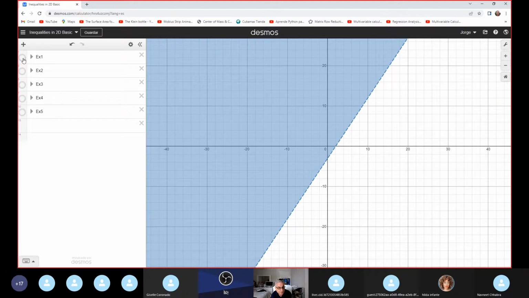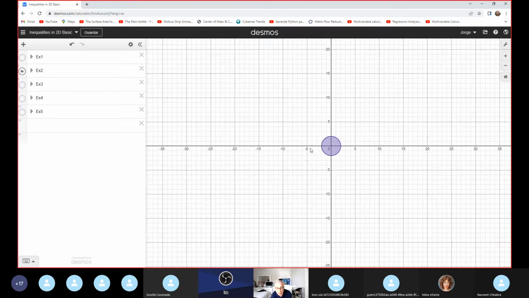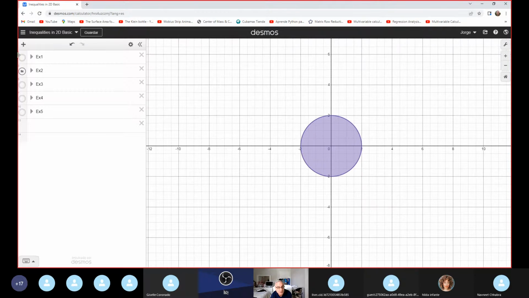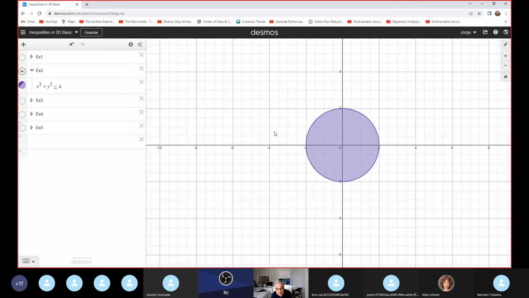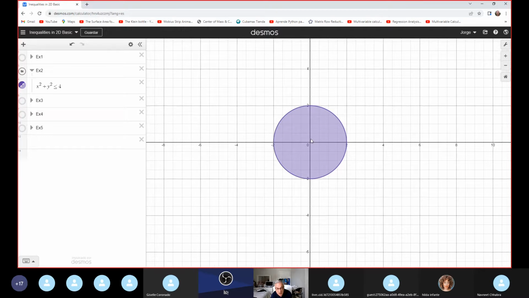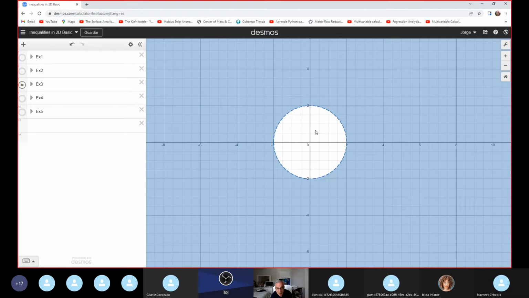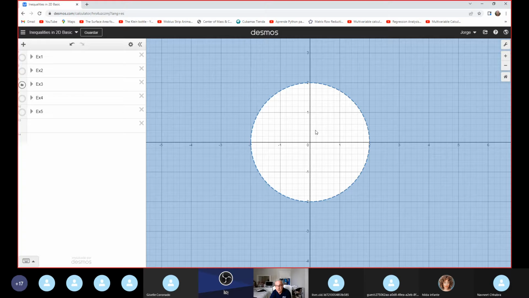Example 2. Look. Example 2 is a circle. Actually it's not a circle, it's a disk, because it's total inside, including the boundary. And example 3 is outside, remember, right? Oh, but you see the boundary. Desmos is fantastic. Desmos is a smart guy. Desmos is very well known. When there's no equal, it's a dotted line. Look, and this is outside. Cool.